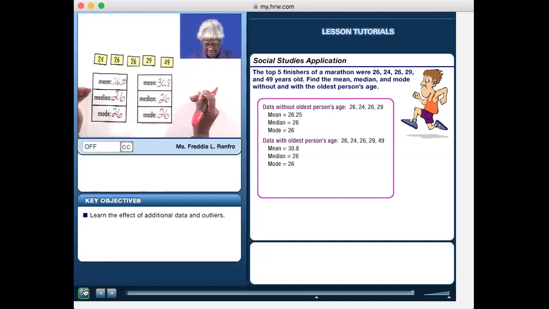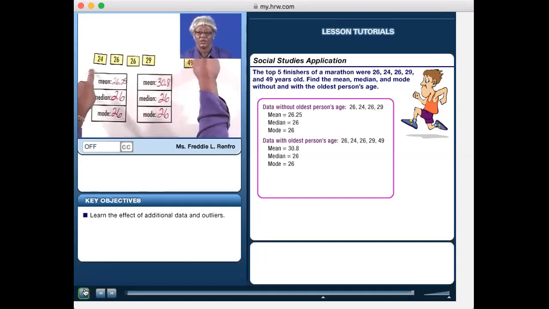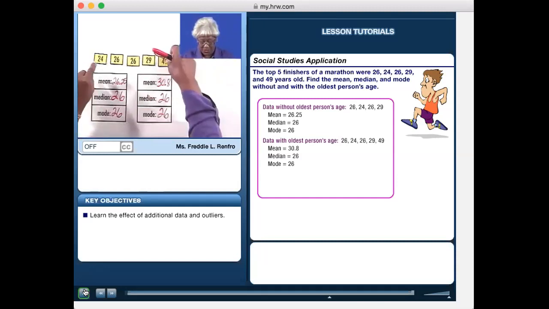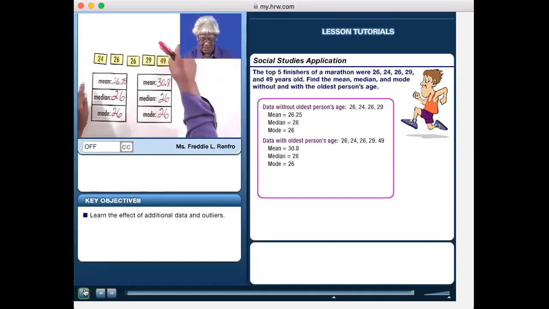Now let's look at this. We have the same mode with and without the oldest person's age. We have the same median with and without the oldest person's age. But what about the mean? Did the mean change? Yes, it did.